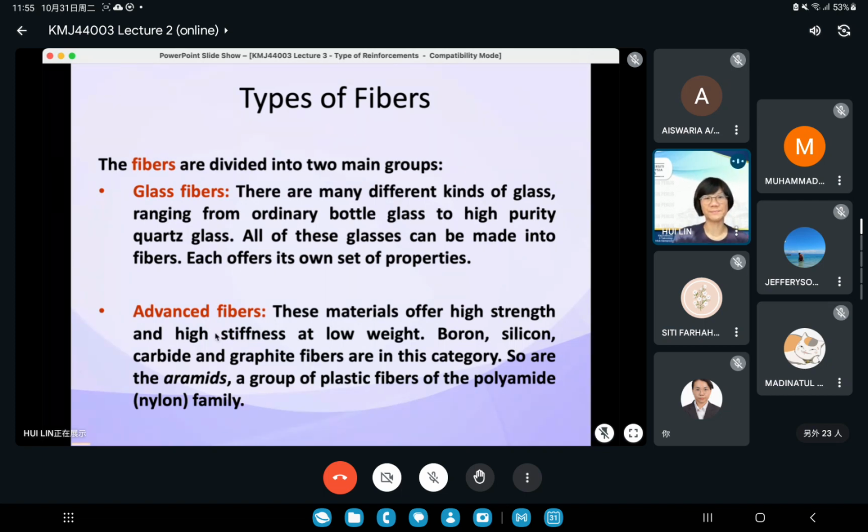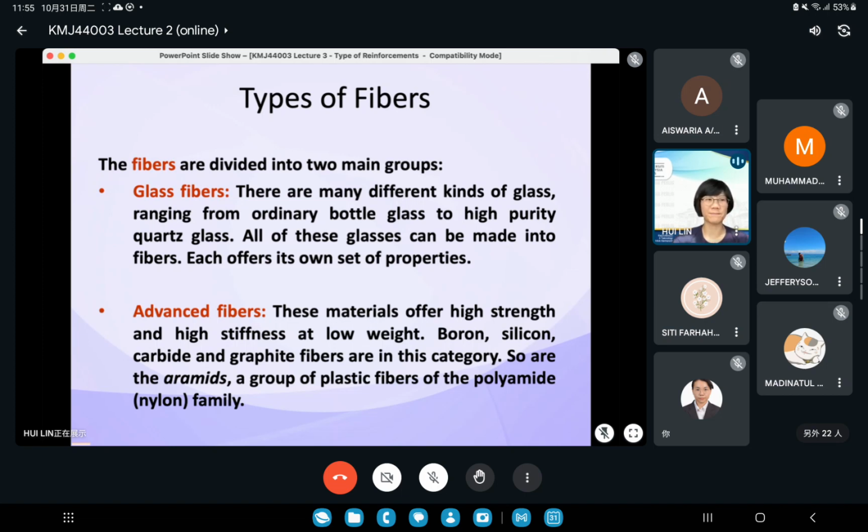Then advanced fiber. Advanced fiber, for example boron. This type of advanced fiber usually gives higher strength compared to glass fiber. For example, boron, silicon, graphite. Graphite is not recent anymore, but it is one type of advanced fiber.